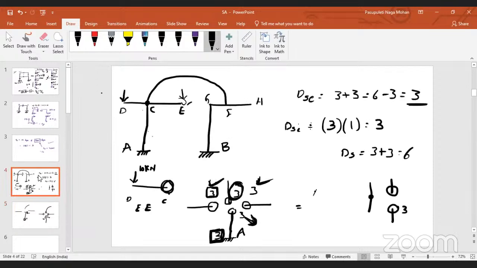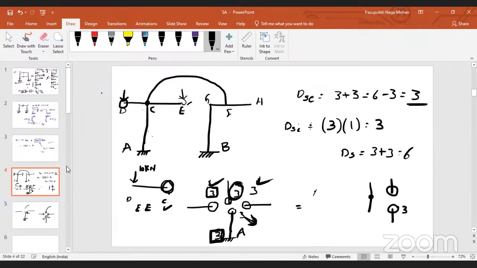Because here, as D and E are the free end points, from the direction also you can find out the forces at point C in the member DC, and the forces at point C in the member CE.